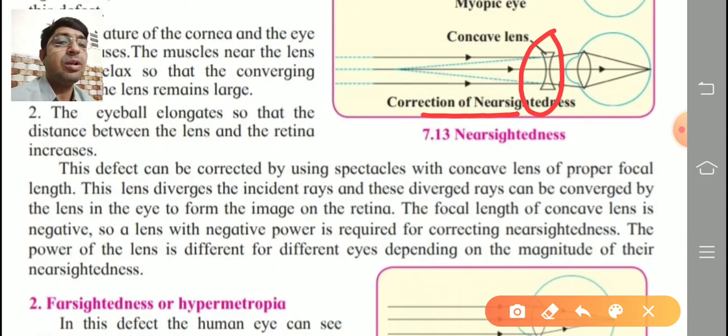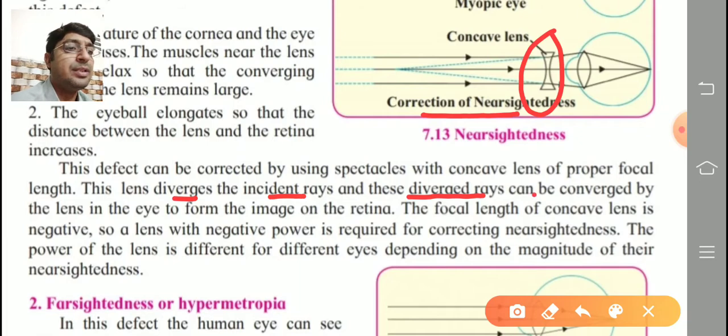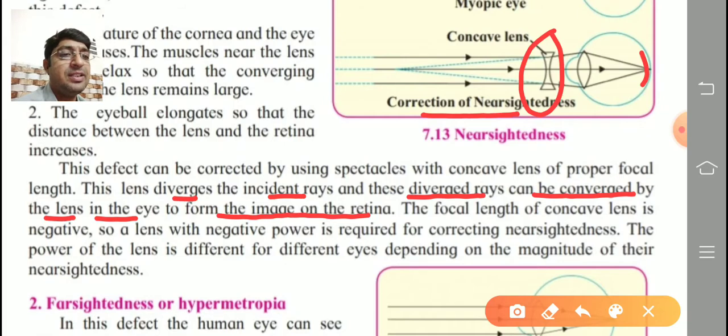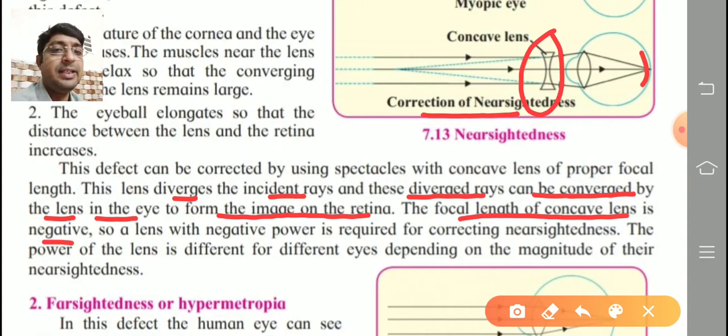This lens diverges the incident rays, and these diverged rays can be converged by the eye lens to form the image on the retina, reaching up to the retina after using the spectacles. The focal length of a concave lens is negative.